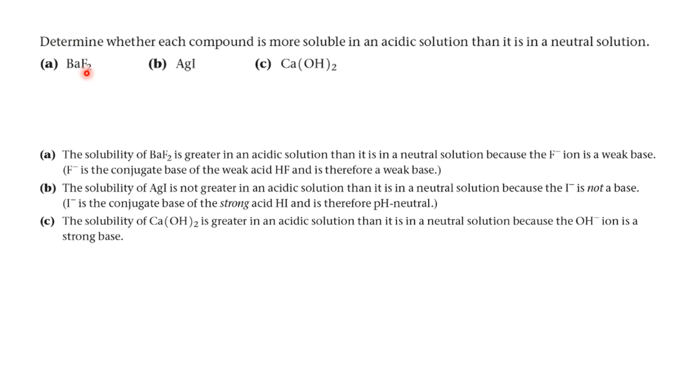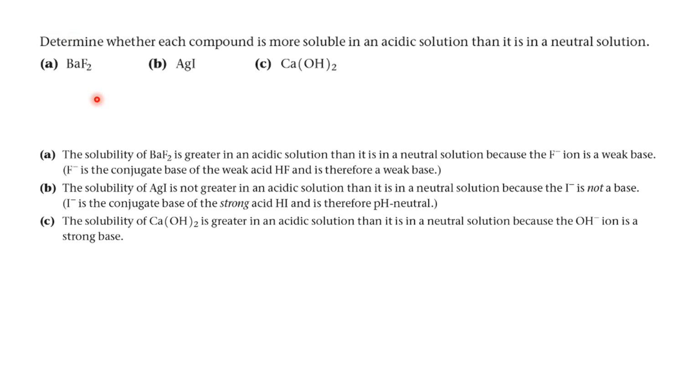So we look at F minus, and how do we figure out if F minus is basic? If an anion is basic, remember we said anions could be either basic or neutral. The way we find that out is, okay, F minus, if it pairs up with an H, we have HF.